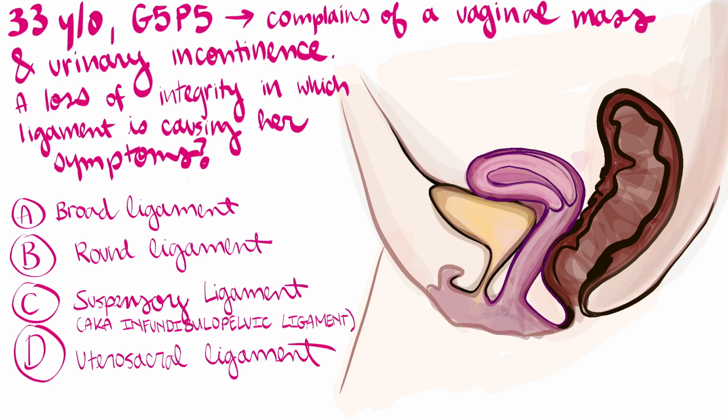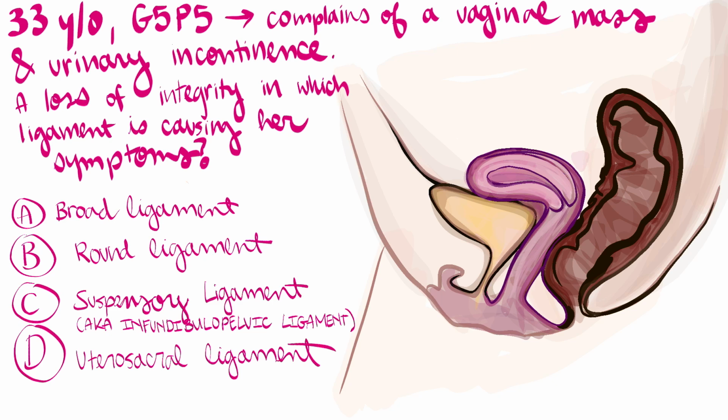Okay, two final questions. First is you have a 33-year-old, she's a G5, P5. She comes to you complaining of a vaginal mass and urinary incontinence. What's the ligament that's lost integrity that's causing her symptoms? So the vaginal mass combined with urinary incontinence, and after you do your exam, you realize that she's maybe having uterine prolapse.